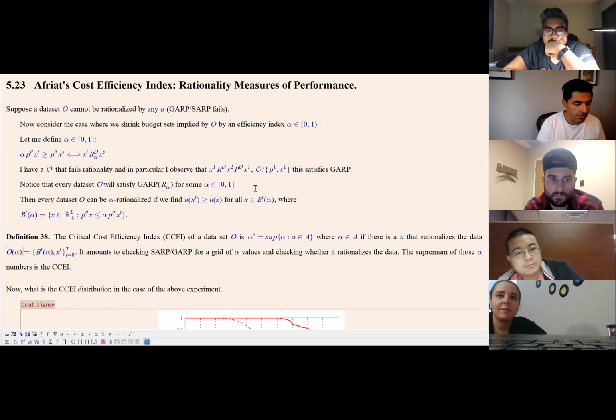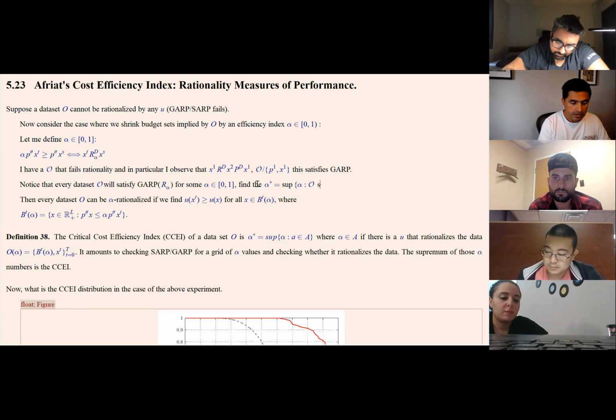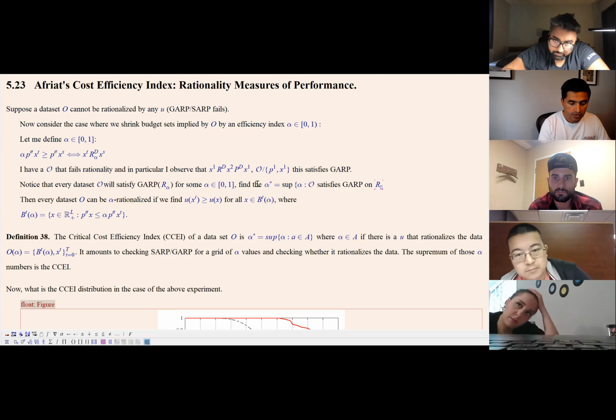So my objective now is to find the sup, the big one, of alpha such that the data set O satisfies GARP on the relation R alpha.